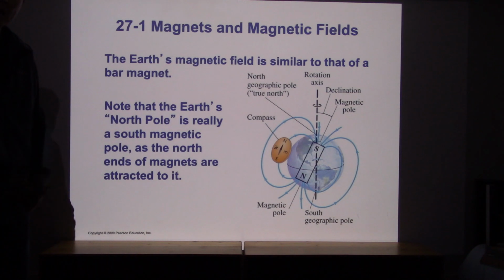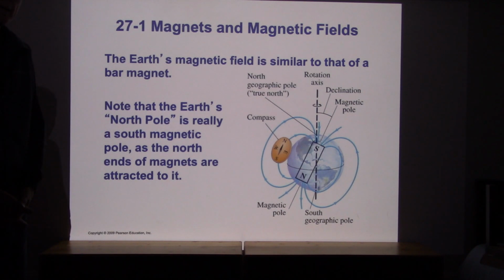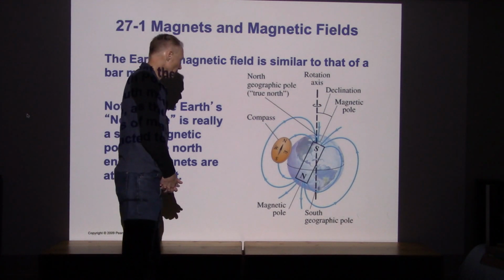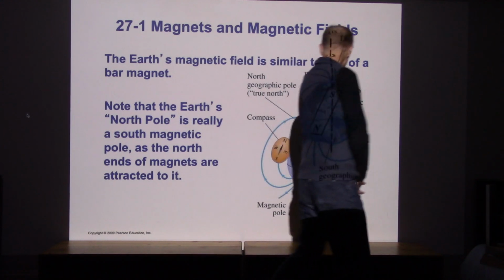But that's an active area of research: how do planets generate their magnetic fields and what sustains them? Why don't the magnetic fields drop away? So magnetics is a really interesting field when applied to these planetary and stellar situations.